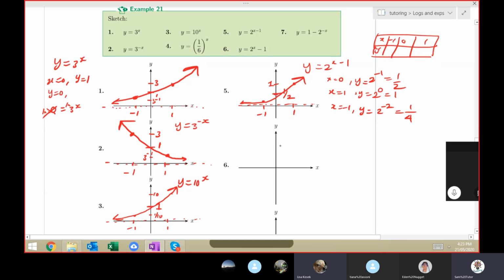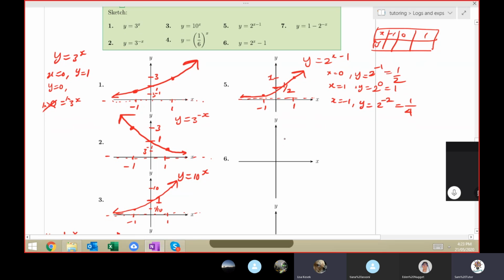Who wants to try number 6? One of the boys. Lissandro, you'll do the first one. 2 to the power of x, take away 1. Do you think you know how to graph that just off the bat?